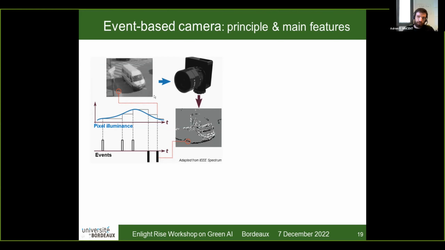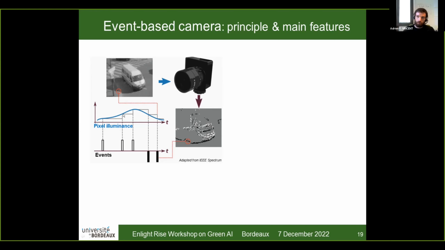And so they do not work like conventional cameras. They are not frame-based. On the contrary, each pixel works independently from the others, in an asynchronous manner, and only reacts to changes in incoming illuminance.